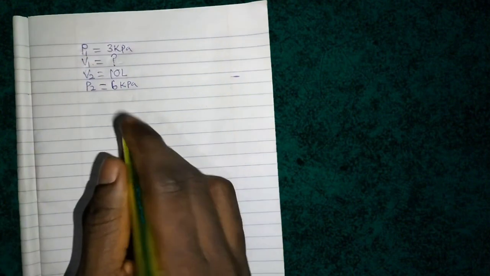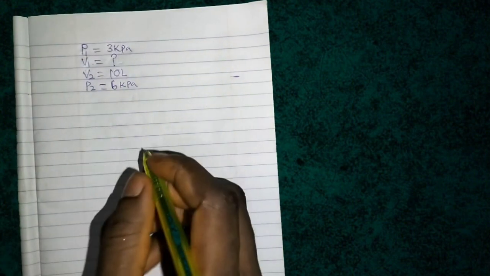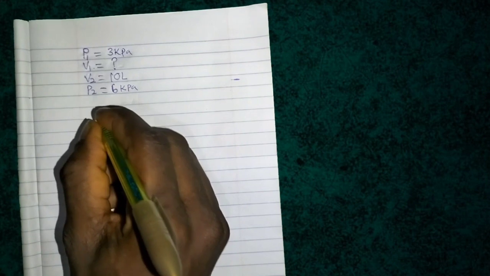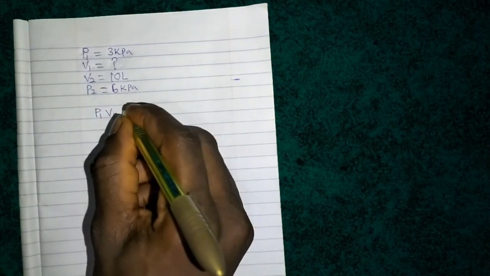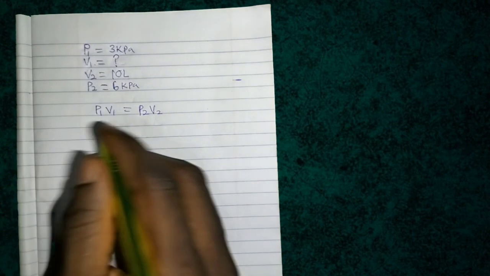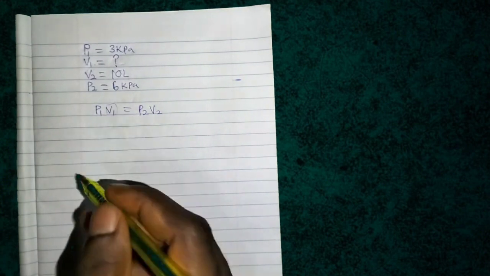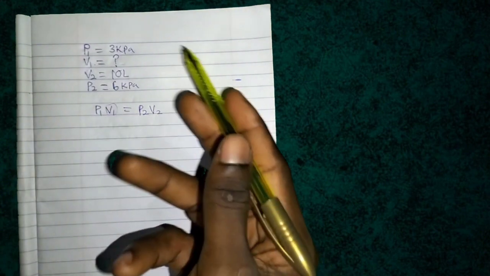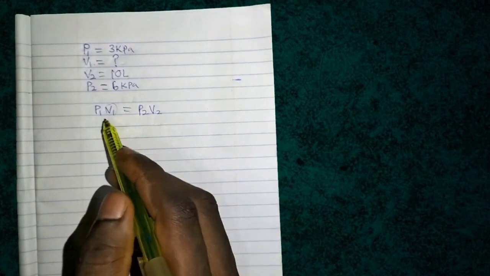So we go ahead to state the Boyle's law formula, which is P1 V1 is equal to P2 V2. All right, let's solve this. We're looking for V1. We can make V1 subject of formula, or we can just input the values directly.